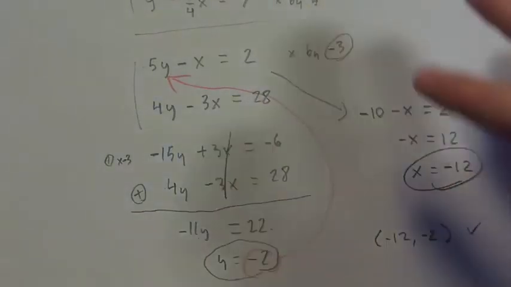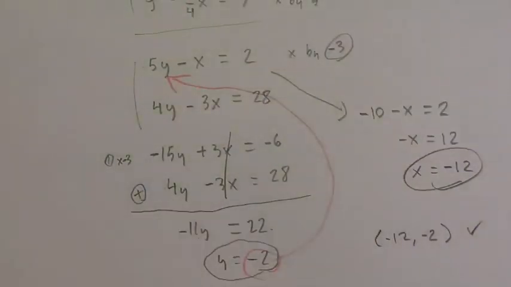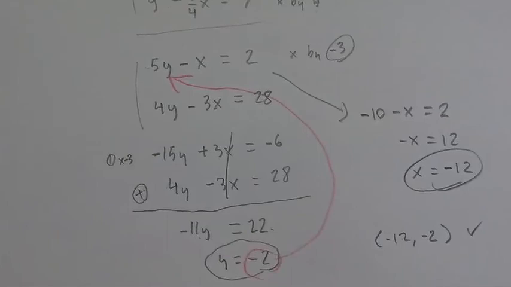If I didn't take all this time explaining all my steps here, that addition method is way, way faster than the substitution method in general. But again, it's not always about doing things the fastest way, it's about doing things the right way. So if substitution is how you are able to do it the right way, then by all means, do it that way. Okay, and that is about it for this particular topic.